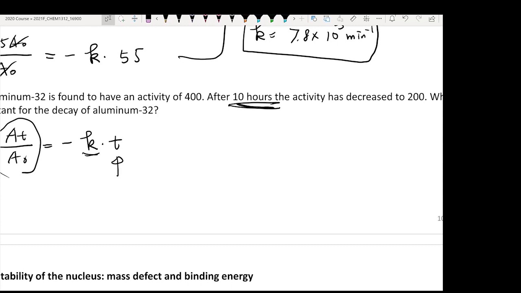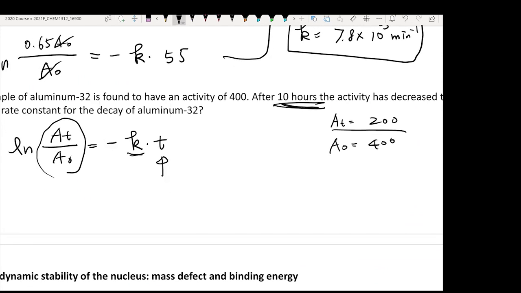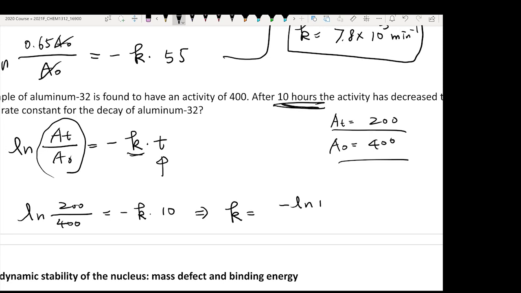That means after 10 hours, your AT is 200, but your A naught is 400. Therefore, it will be natural log of 200 over 400 equals negative K times your T, which is 10 hours. Therefore, your K is going to equal negative natural log of 0.5 divided by 10.